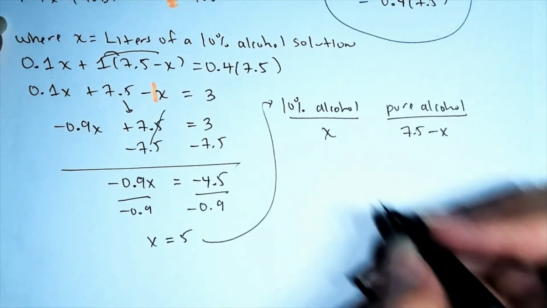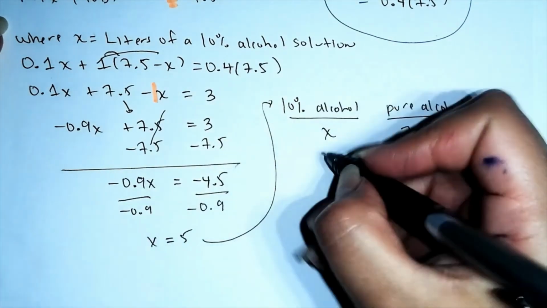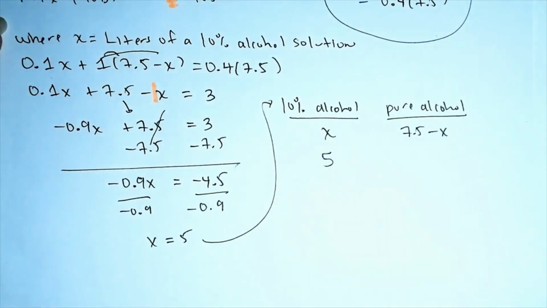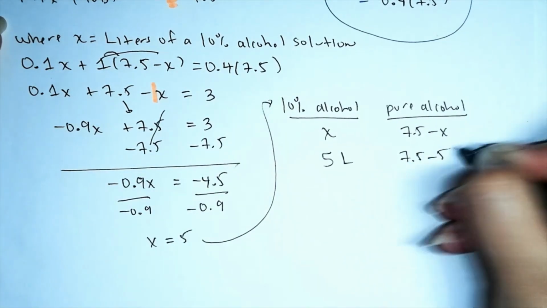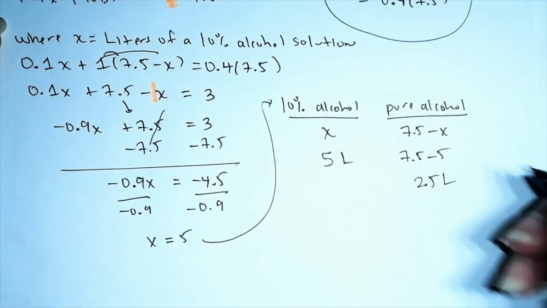If we need x of the 10%, then we need 5, and the units were liters. We need 5 liters of the 10% alcohol, and for the pure alcohol, 7.5 minus x gives us 2.5.